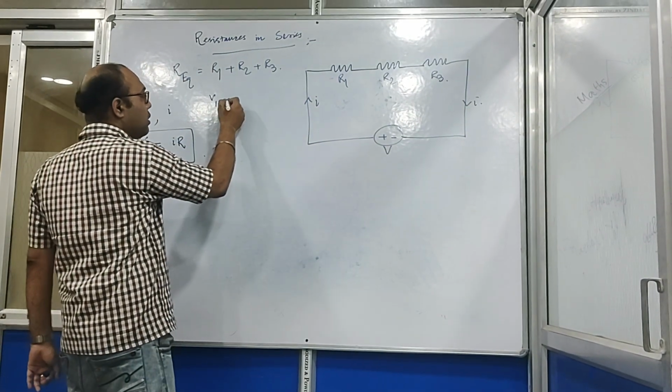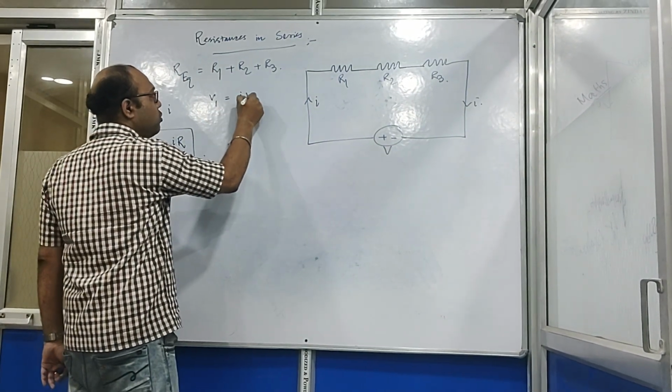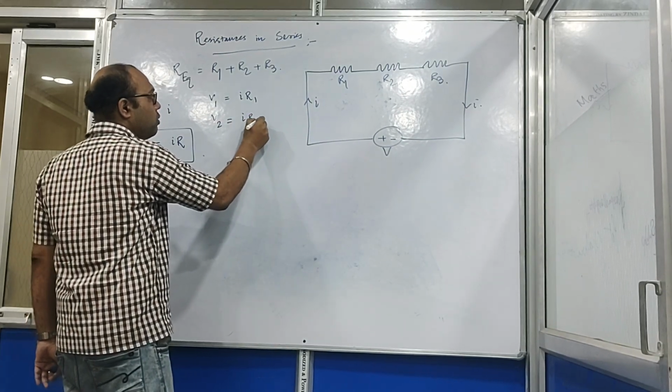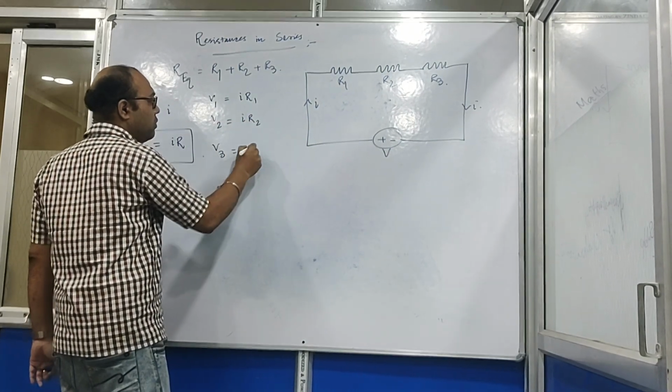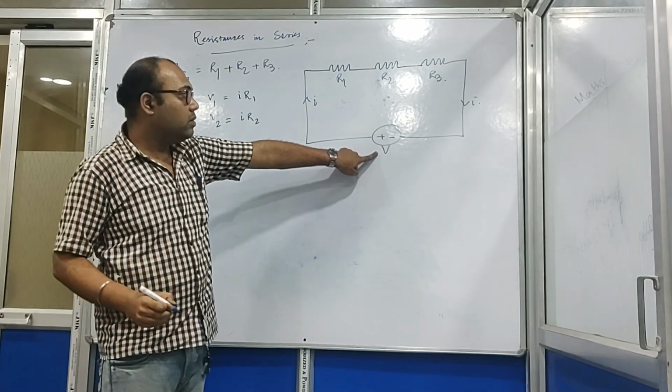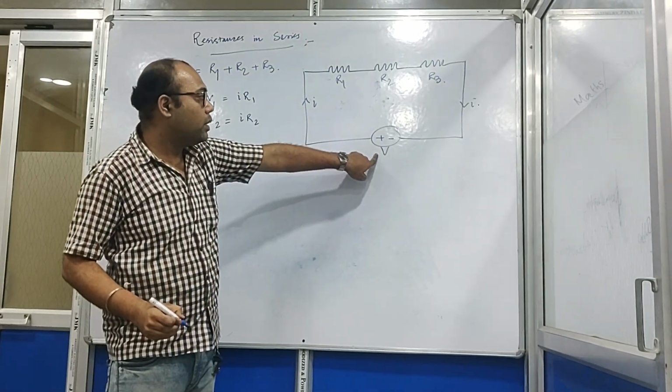So V1 is equal to I into R1, V2 is equal to I into R2, V3 is equal to I into R3.